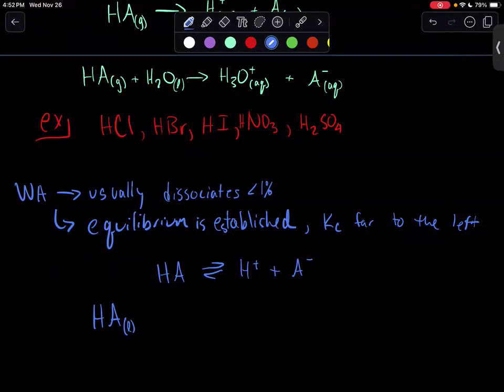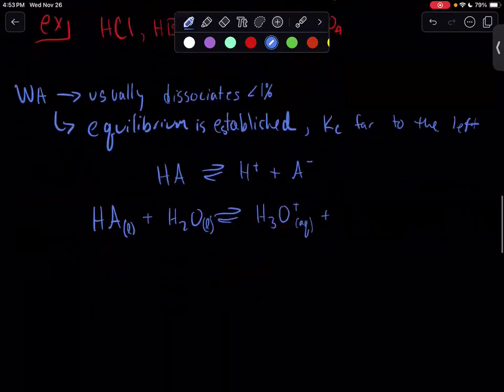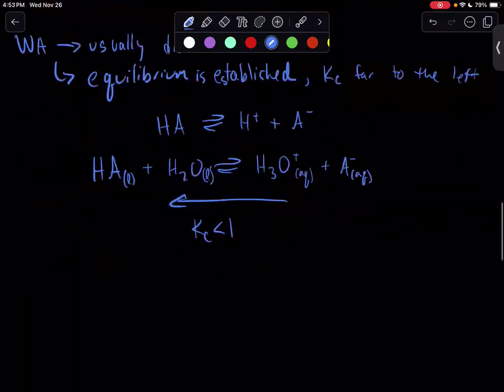Generally, your acids will be in liquid or gaseous form, plus H2O forms an equilibrium to create hydronium ions, aqueous, plus our A minus aqueous. And like I said, your equilibrium is going to be far shifted as our Kc will be less than 1 because we have so little product. So that's generally what separates a strong and a weak acid.